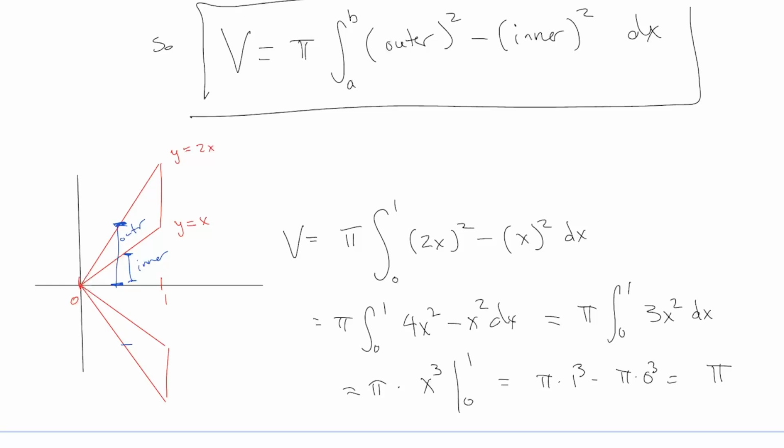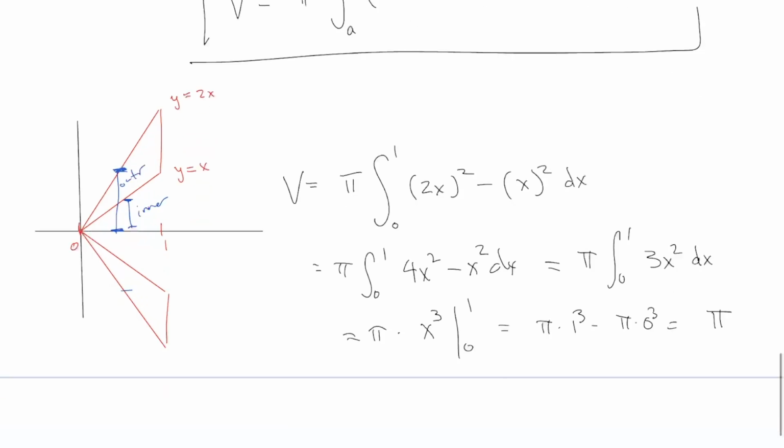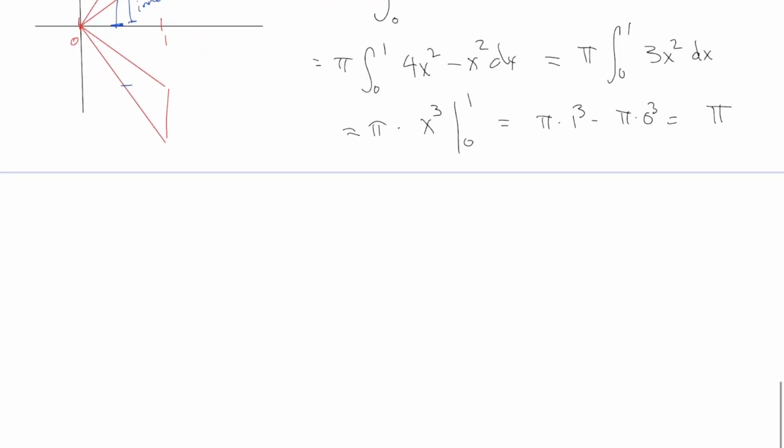Any thoughts? I got one for you all to try, and then we'll try some more variations. So that was a fairly easy one of this washer thing, and this next one also is fairly straightforward, but I just want to make sure everybody is getting it so far, and then we'll try and get a little fancier as we go. How about this, I'm going to go over to, again, 0 to 1. Let's say this is y equals x, and this is the parabola, y equals x squared.